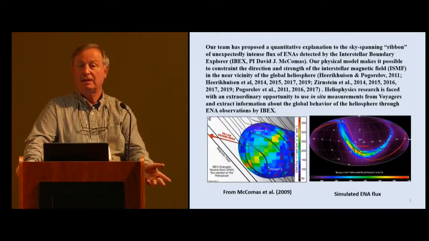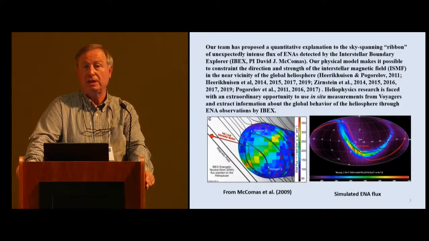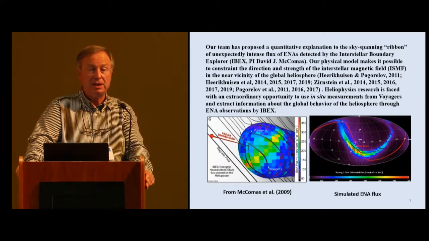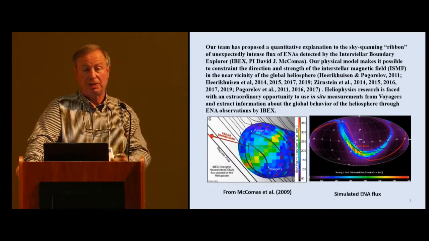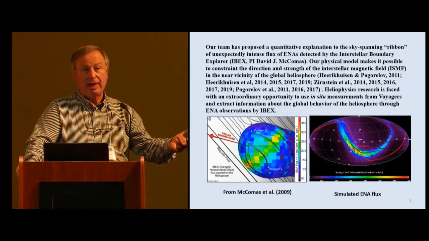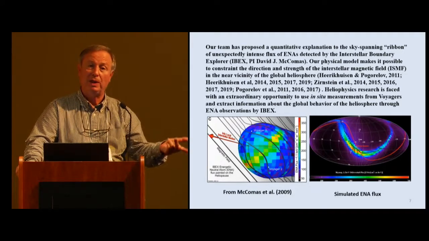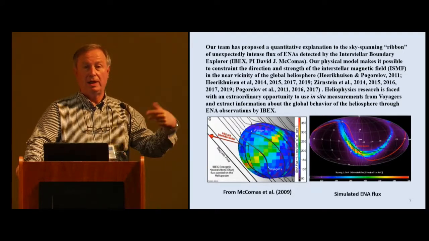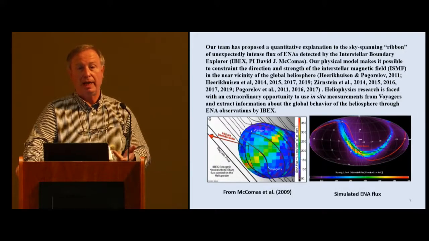Okay? The Interstellar Boundary Explorer measures energetic neutral particles. Energetic neutral particles return to the detector, but they are created in charge exchange of non-thermal ions with interstellar medium neutral atoms.